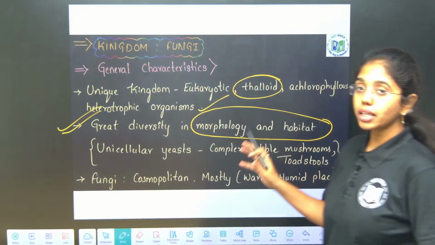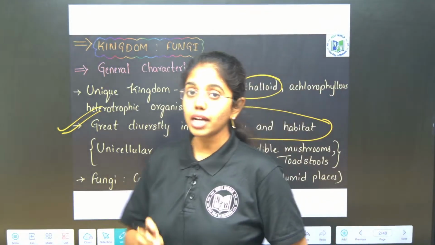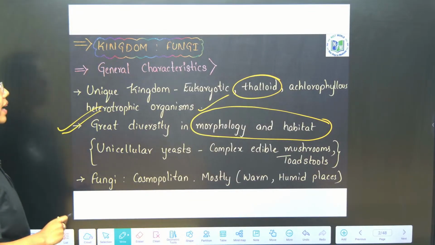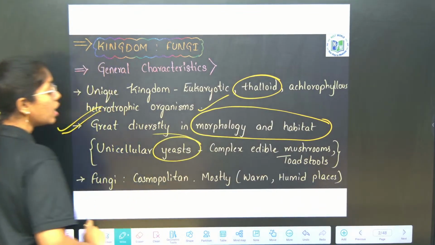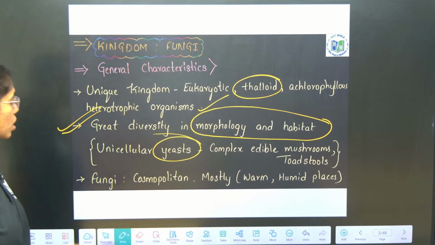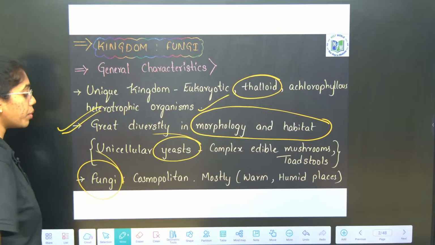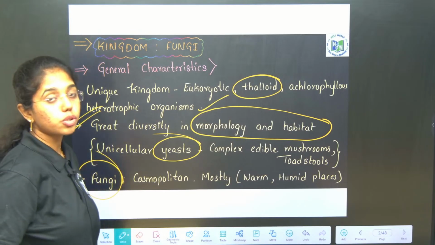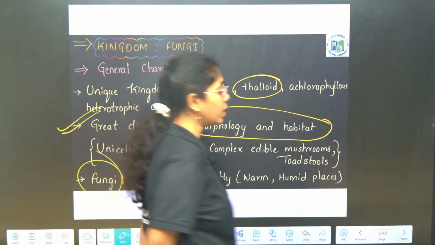So here in kingdom fungi you can observe the fungal species from unicellular to multicellular forms. Unicellular is like Saccharomyces cerevisiae to multicellular complex edible mushrooms and toadstools. And when it comes to the distribution of fungi, they are cosmopolitan in distribution. They exist mostly in warm and humid places.